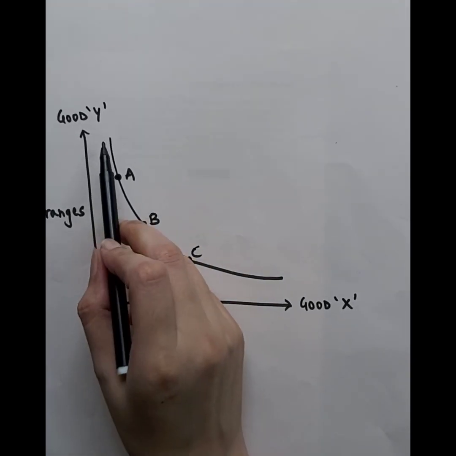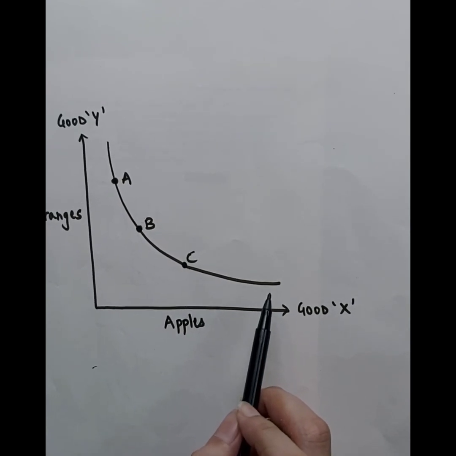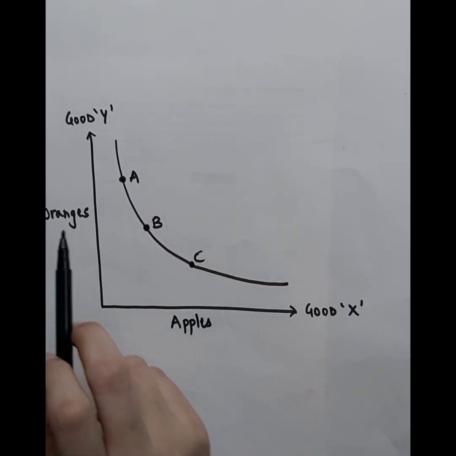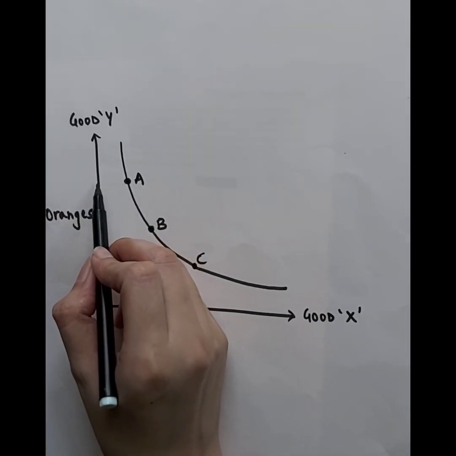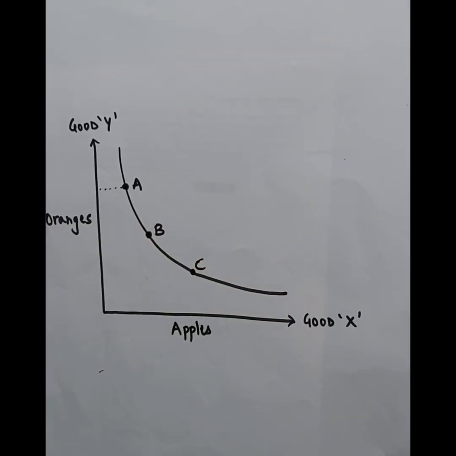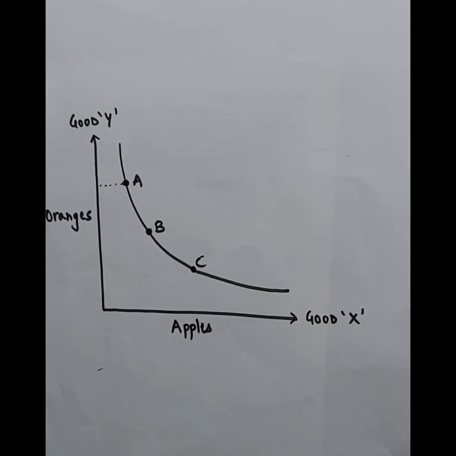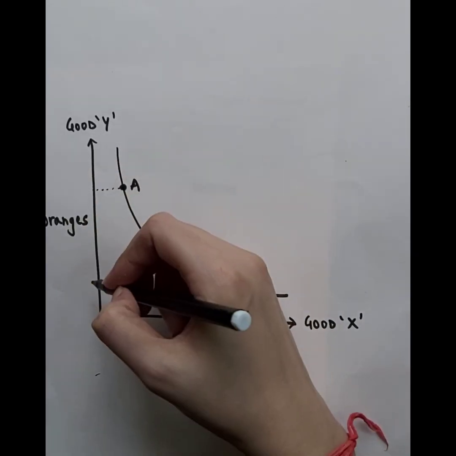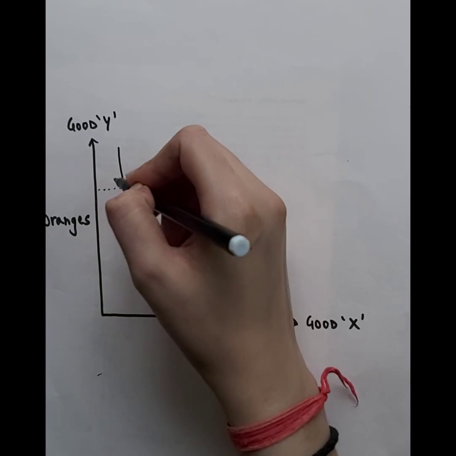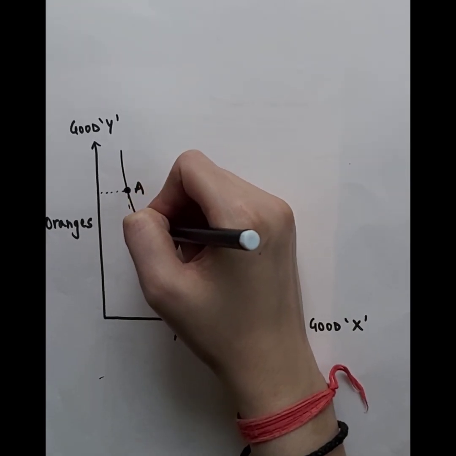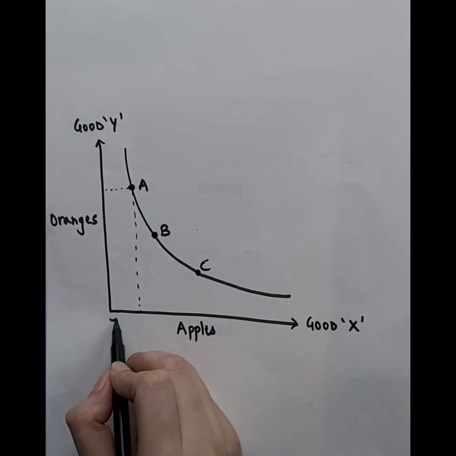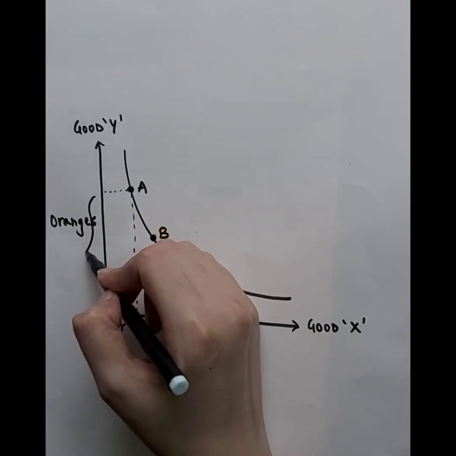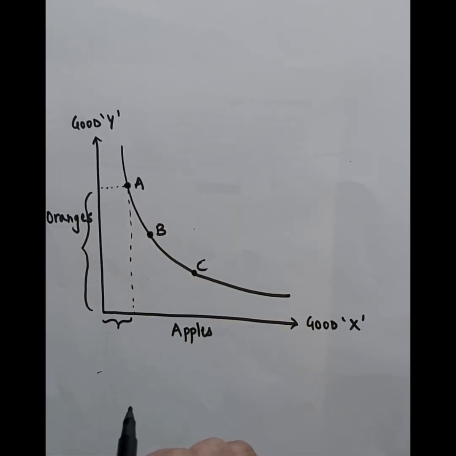So as we move from left to right, we substitute apples for oranges. For example, in the first case, which is point A, we can see that the oranges we are getting are very high. We can have so many oranges, but we can get very few apples. So we are having only this much of apples and this many oranges in our first case.